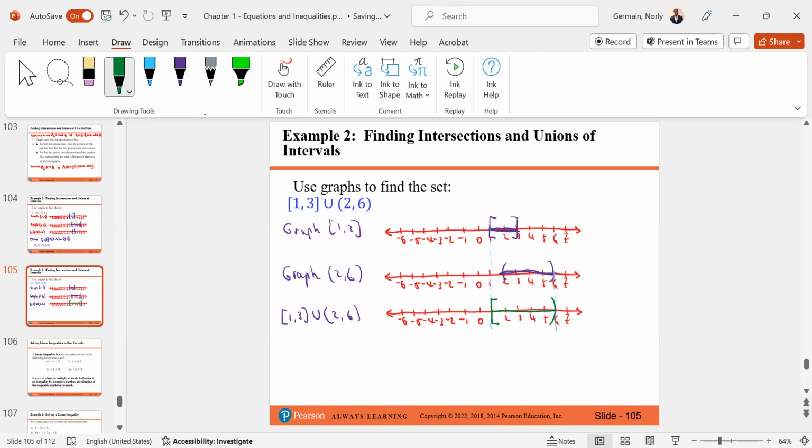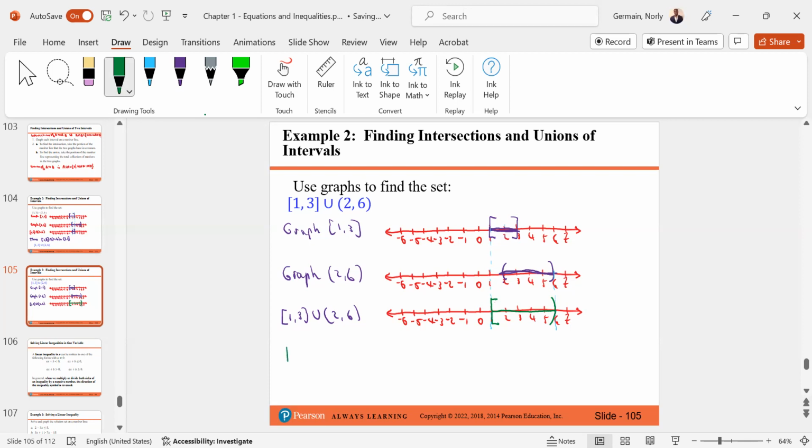Union, you take everything. And if you forgot, please review what we saw in section 1B, all right? Very important. So what do we have exactly?